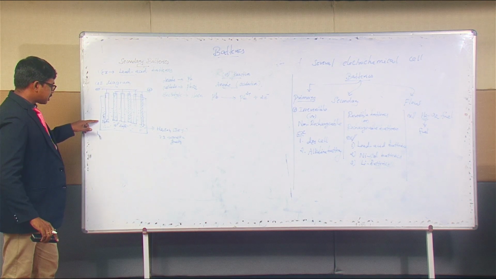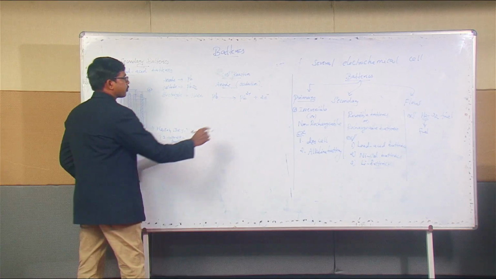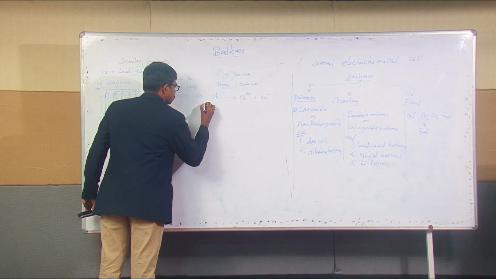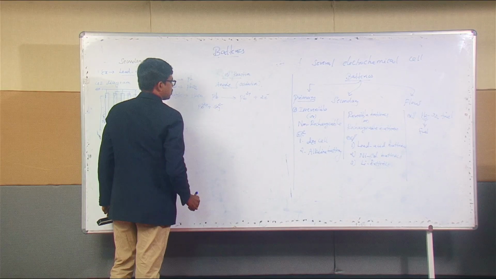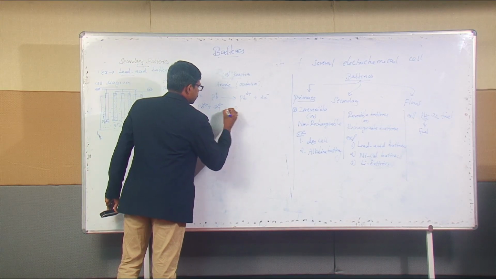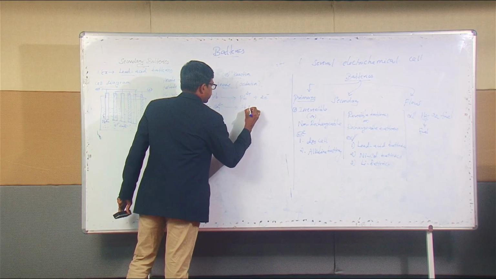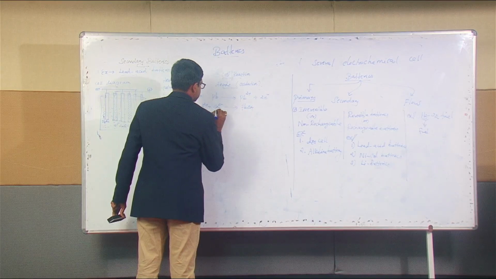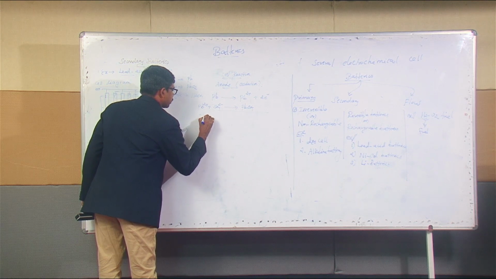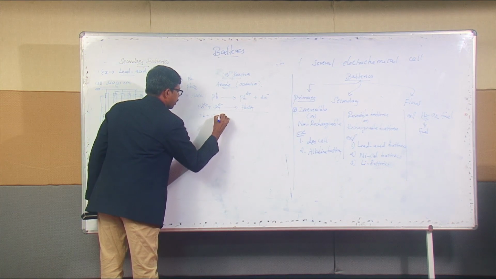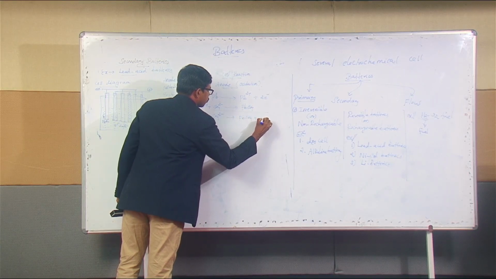The lead 2 plus reacts with the sulfate present in the electrolyte to form lead sulfate, which is the product of the anode compartment. So the overall anode reaction: lead reacts with sulfate to form lead sulfate, with the release of 2 electrons.